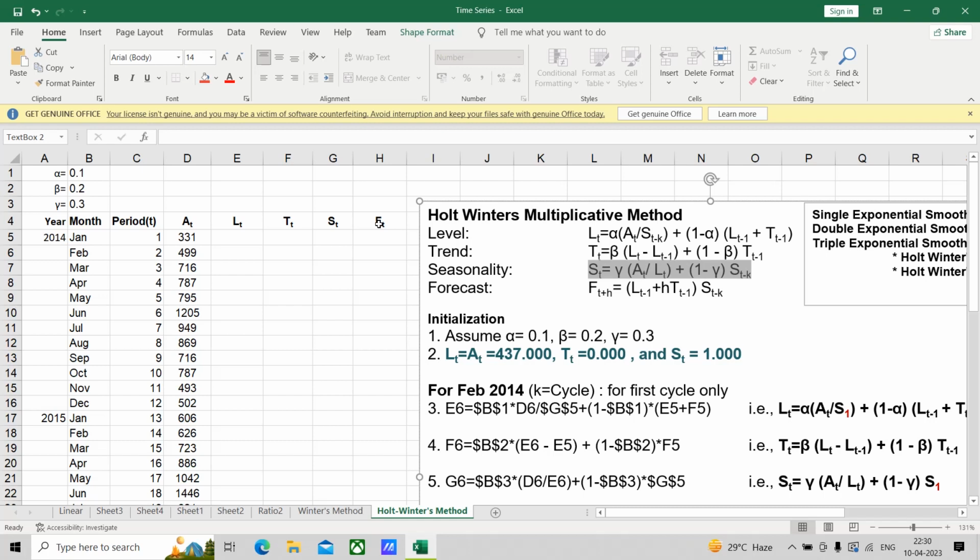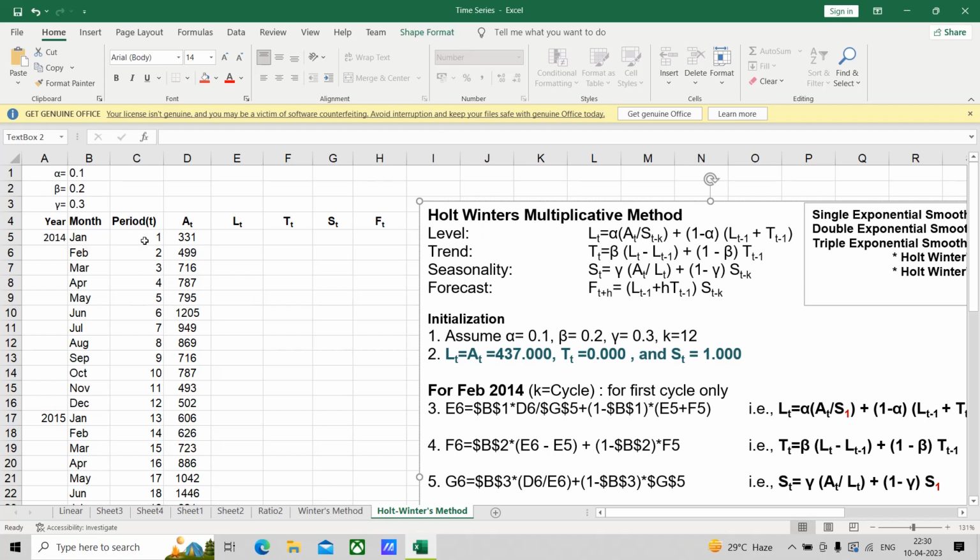Then in last column I have used the forecasting. Since it is of 12 periods, the value of k at this place will be equal to 12. The value of k is 12, and t denotes the period value.